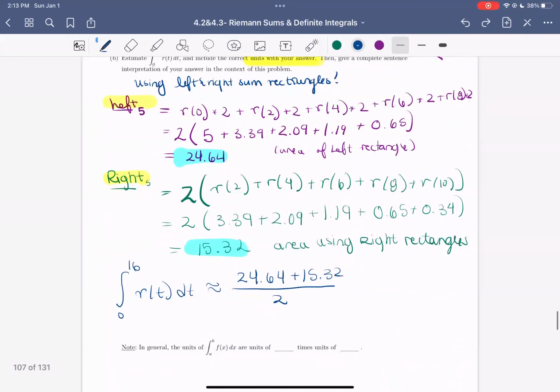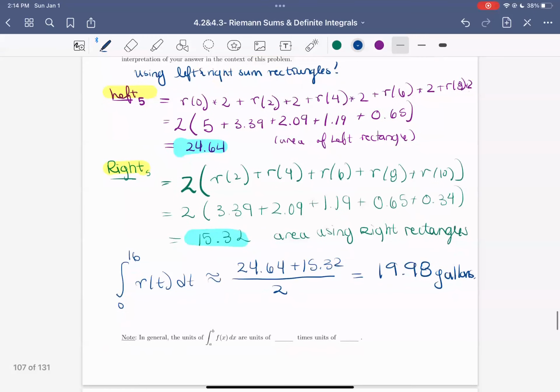So if we actually compute this average, we get 19.98 gallons. So let's go ahead and write out a sentence then to make sense of what we just computed.